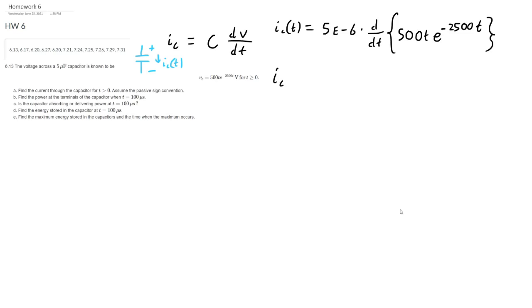I had my calculator do it, and I end up getting 5 microfarads for now, times 500 over here.